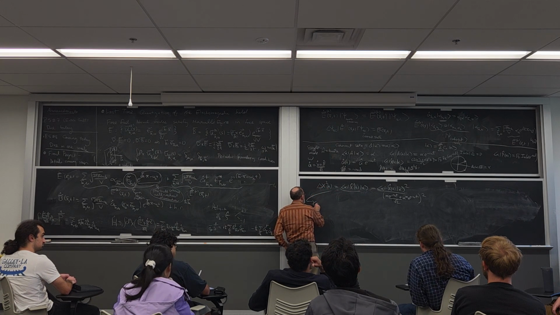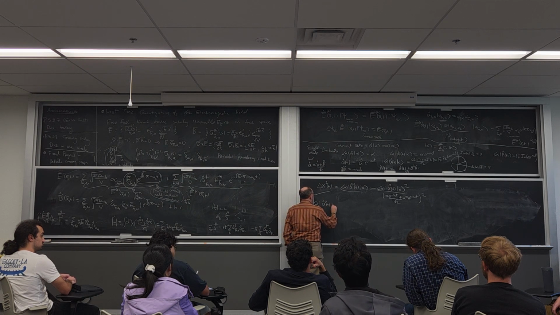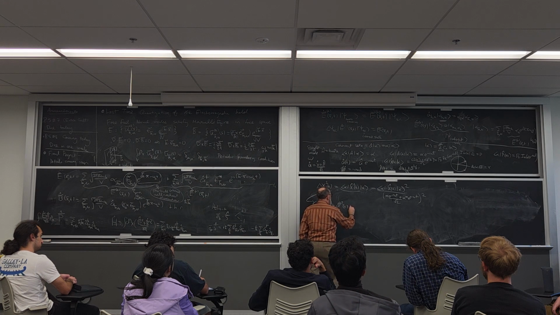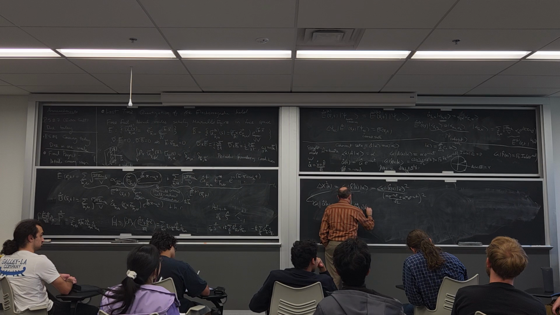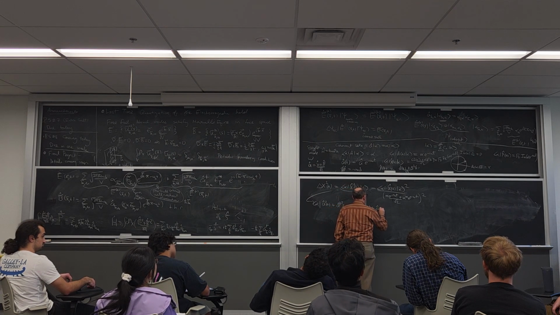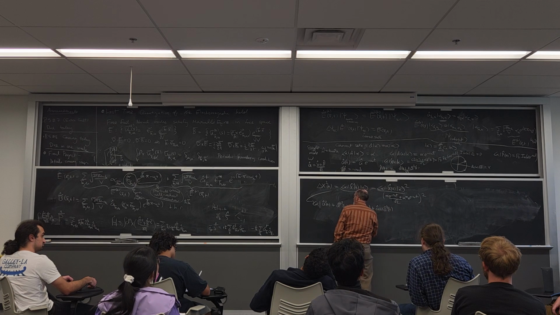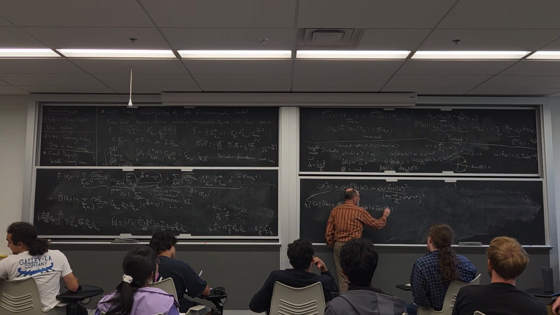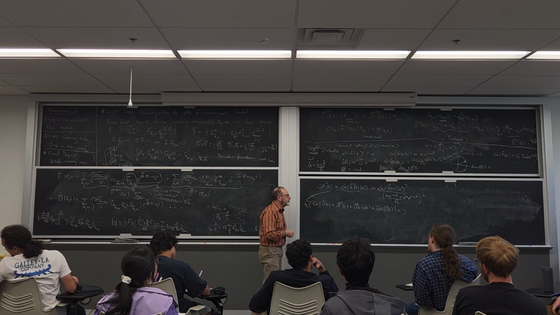This is equal to a squared at t plus a dagger squared at t plus a dagger at t a at t plus a at t a dagger at t, all over 2. Right? That's the square of x.